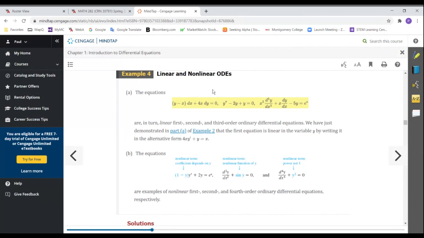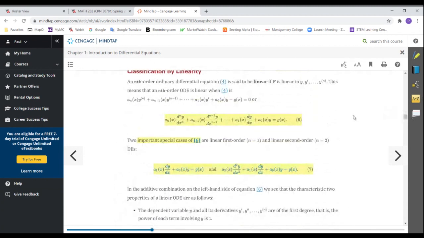The first one, you have to divide by dx to see it. But the second and third differential equations match very nicely with the form of linearity given here in equation 6.